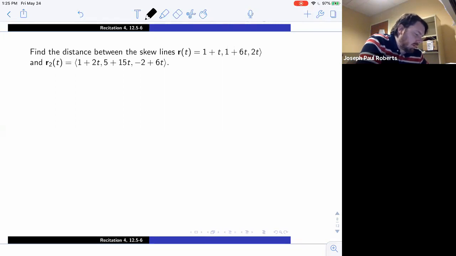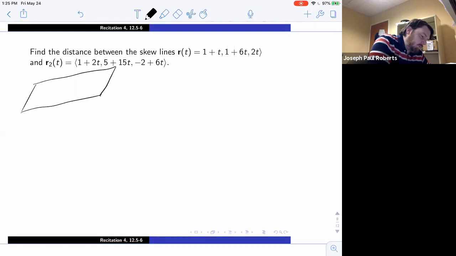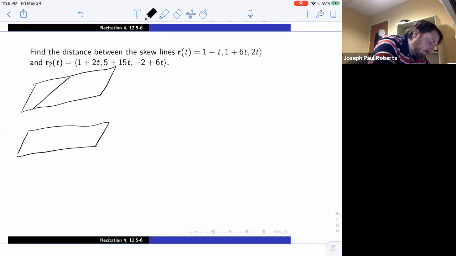And so the way we could find the distance between these skew lines is actually going to follow from the trick to drawing them so that they actually look skew. I've realized it's hard to draw skew lines, but one way you can do that is to draw them in different parallel planes.